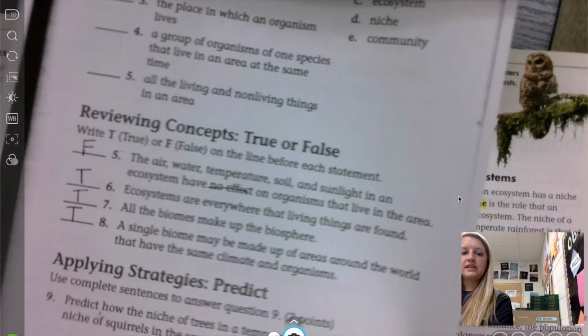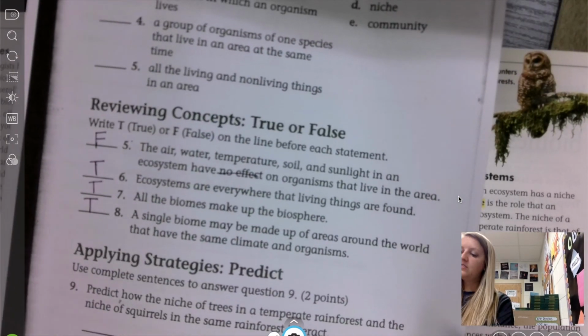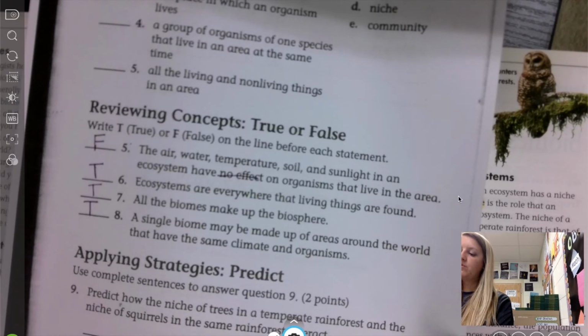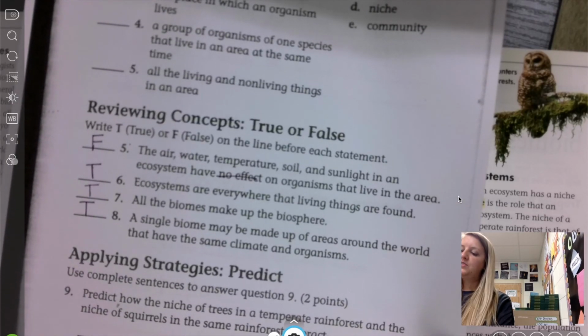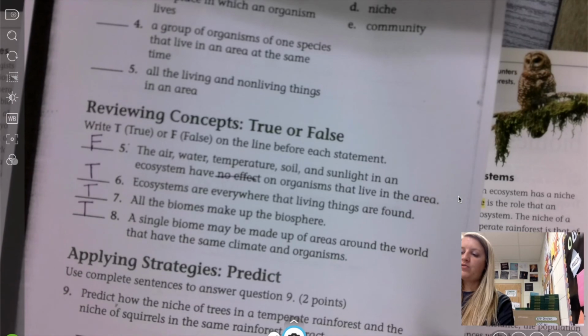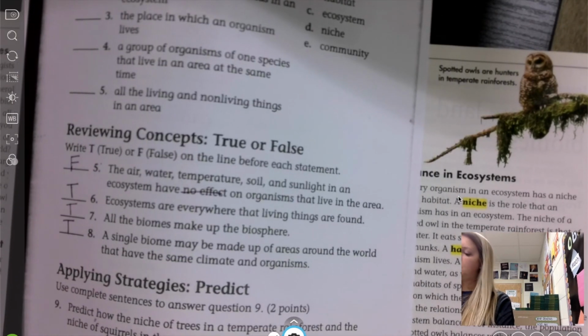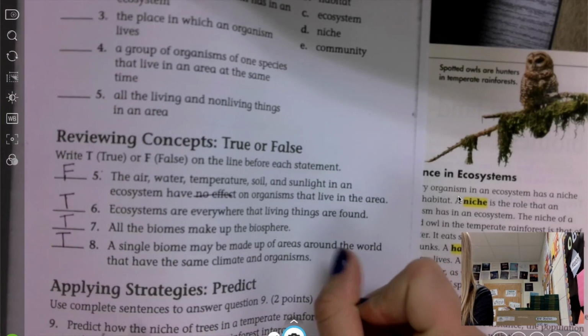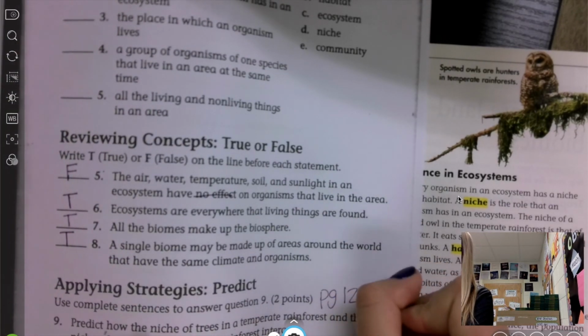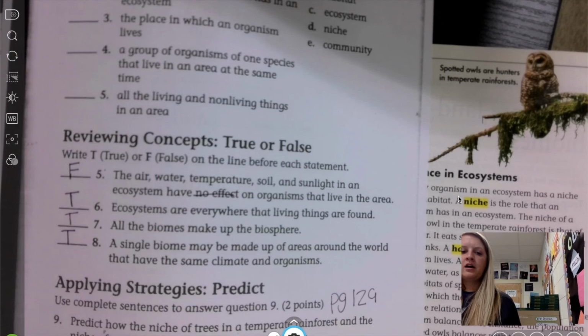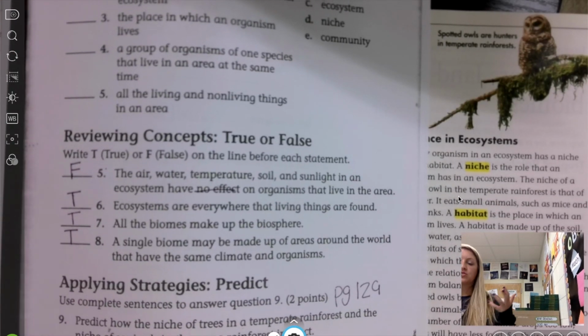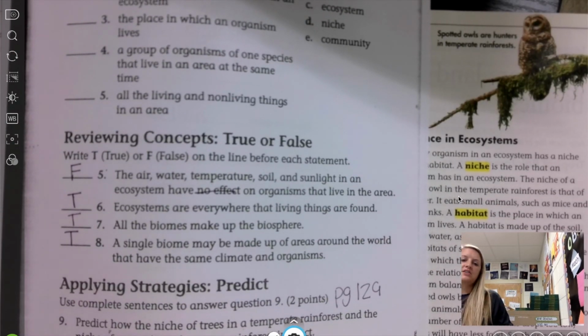And then going on to the last part, it says predict how the niche of trees in a temperate forest and the niche of squirrels in the same forest interact. So I want you to look at page 129 to help you out with answering that. It's predicting, so it doesn't tell you the correct answer for sure.